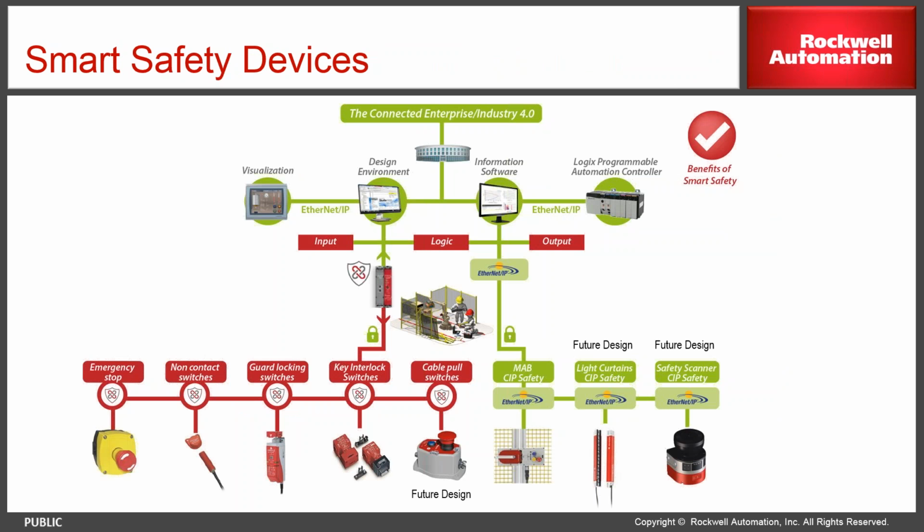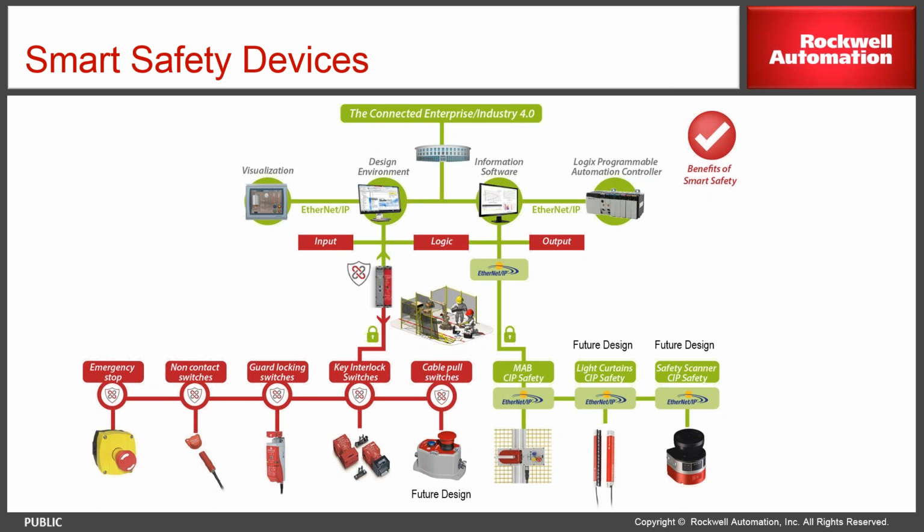So now let's also talk about the smart safety devices. As with the standard sensors, Rockwell Automation utilizes 2 technologies for getting more information out of the safety rated devices. Some of the higher end input devices now feature a safety rated network connection via EtherNet/IP.